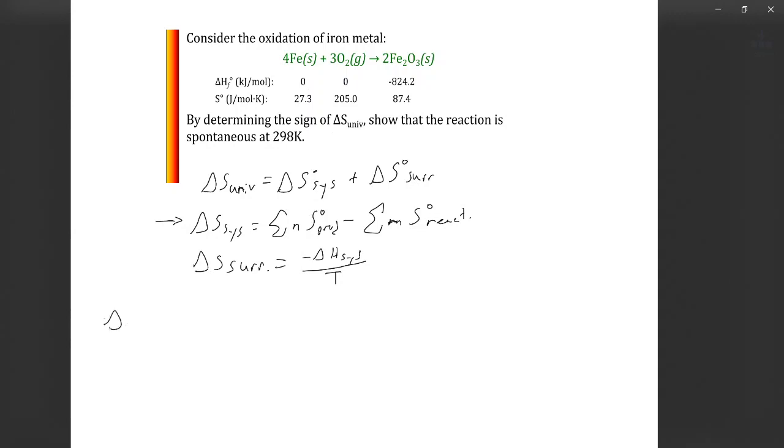So delta S naught of the system is going to be equal to, let's write all this out. We're just going to grab our equation and start to plug everything in.